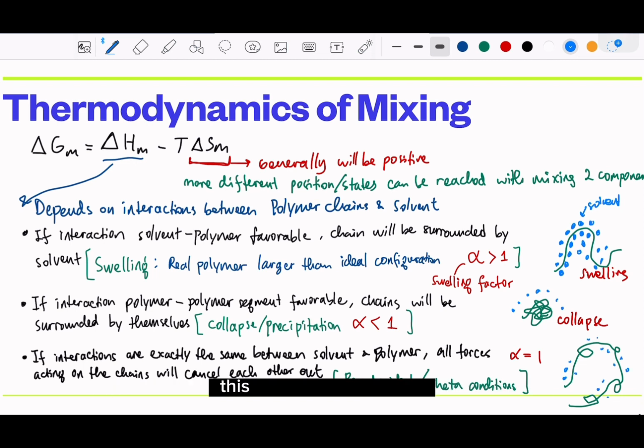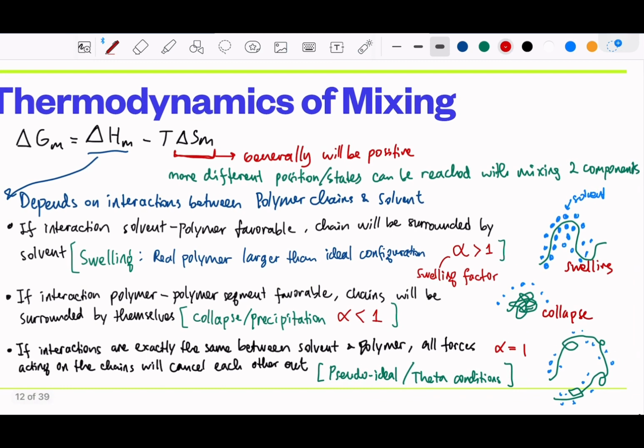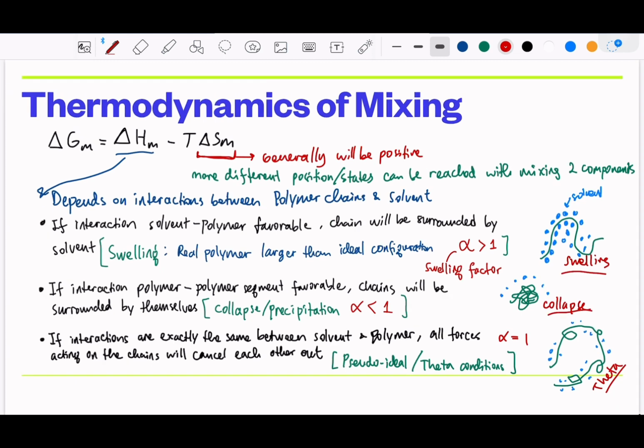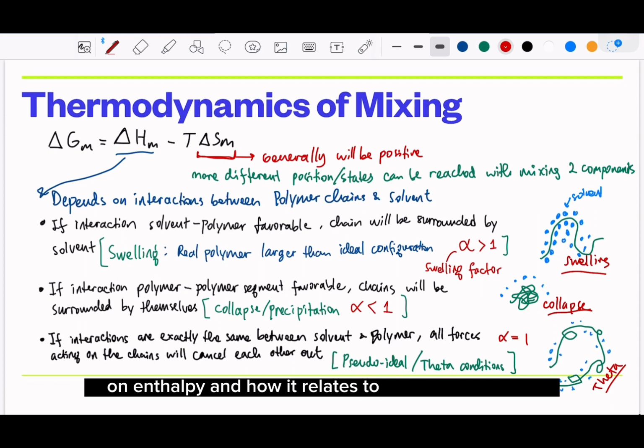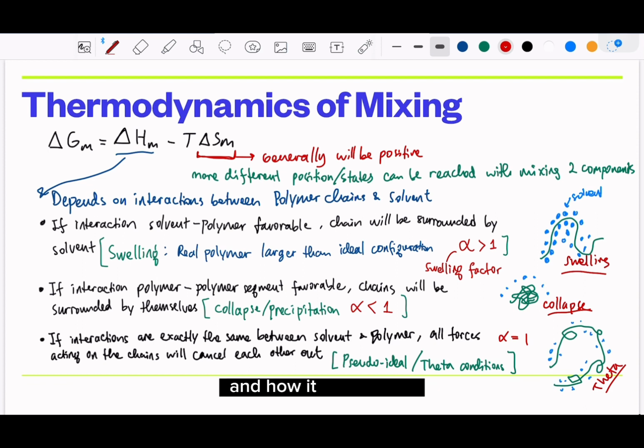This is just my illustration. So this is theta. Okay, that's a little bit on interaction and enthalpy and how it relates to the swelling factor and how it goes, as the illustration.